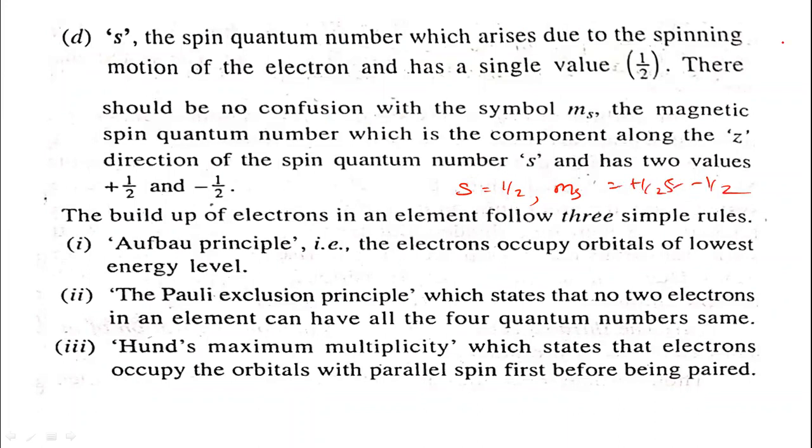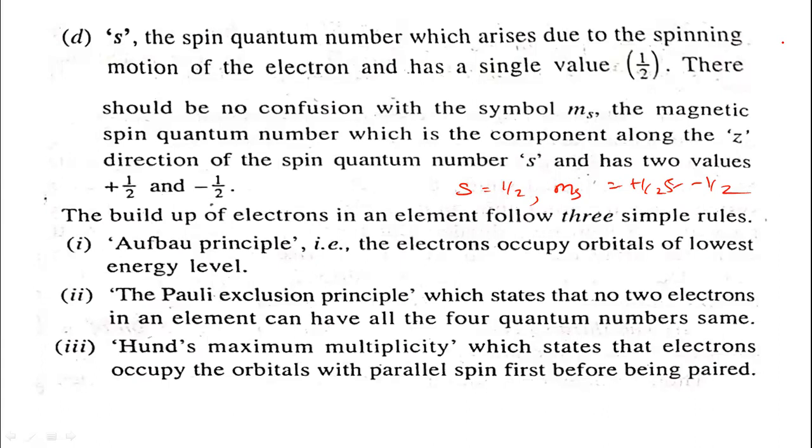Two values that the electron can have. The magnetic spin quantum number, which is the component along the z direction of the spin quantum number s, has two values, plus 1 by 2 and minus 1 by 2.